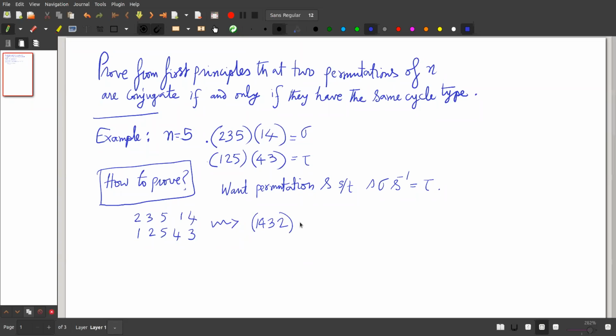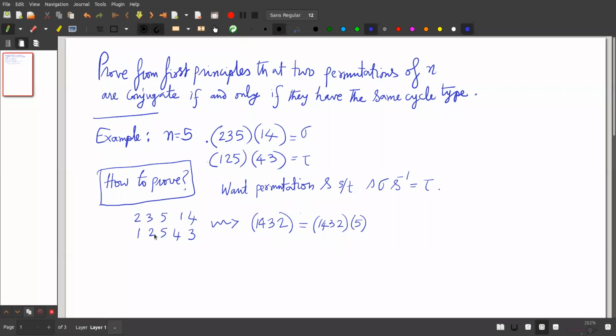You can either write the 5 or not write the 5, since it is fixed. So this is the same thing as (1 4 3 2). Sometimes you want to keep track of the fixed points, so this is another way of writing it. These are very good.